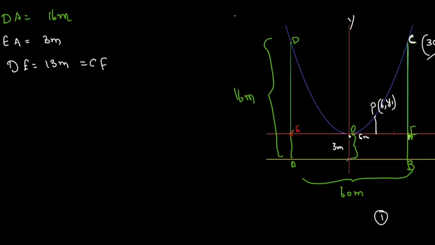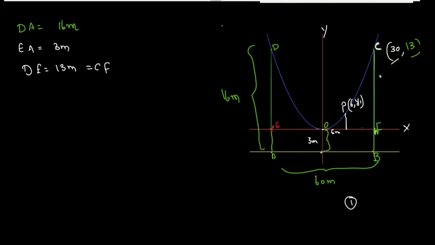The x coordinate is the distance from the origin to this point. So the x coordinate is 30, because the length of the road bed AB is 60, so half of 60 is 30. And the y coordinate is CF. CF is 13. So the point is (30, 13).